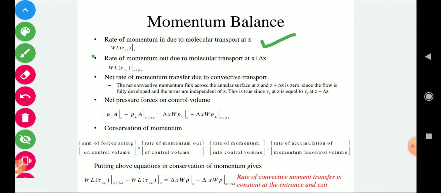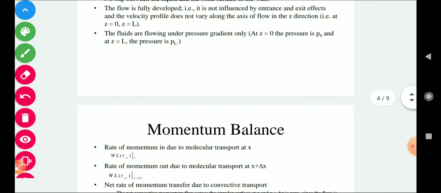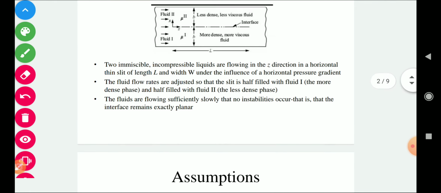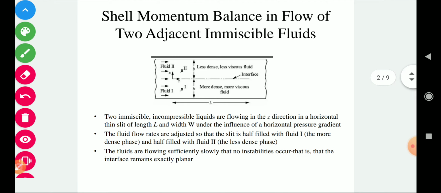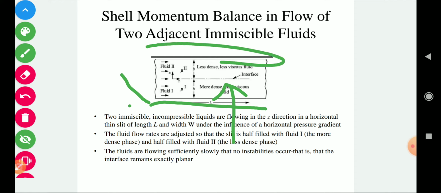So this WL is the cross sectional area. As you can see in this diagram, the effective area will be equal to this length L into its width W, because the diffusive momentum occurs in the x direction. So the effective cross sectional area will be this one or this one.